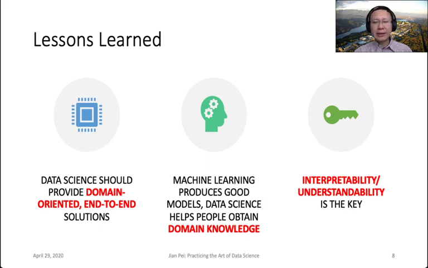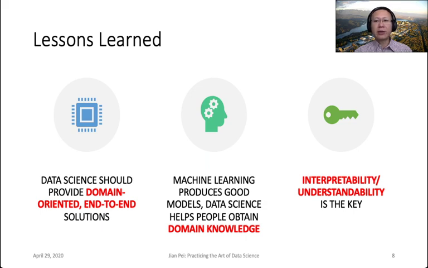So we can see from this example, there are several lessons I learned. The first is that data science research should provide domain-oriented end-to-end solutions. It is much more than just coming up with another algorithm that can work on some kind of data. And here we have complementary roles for machine learning and AI.